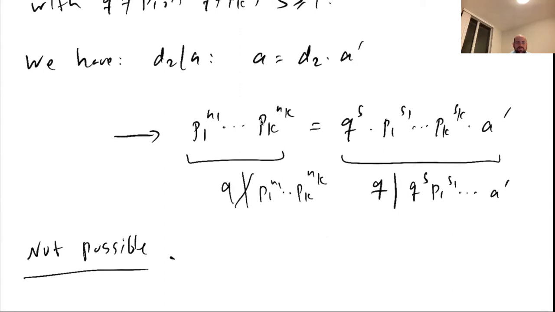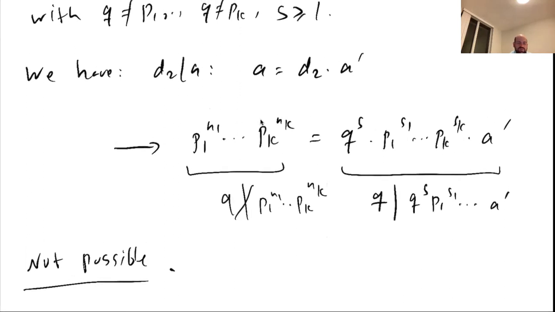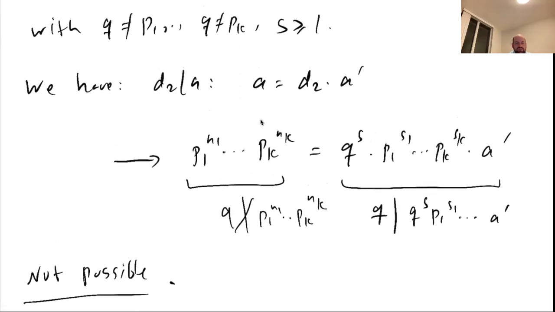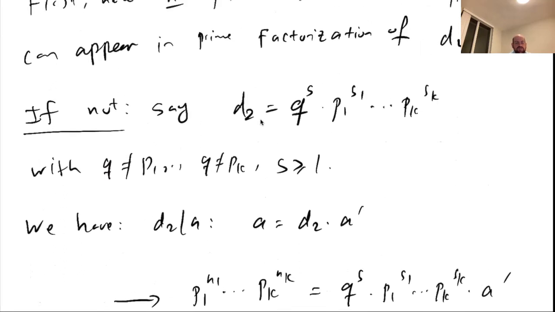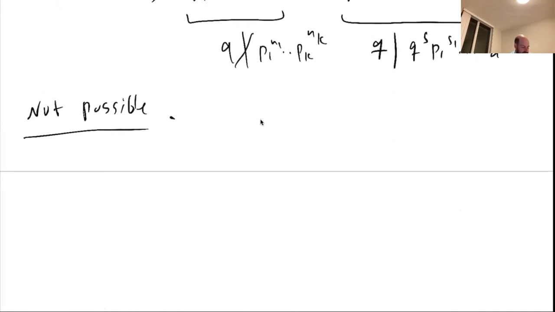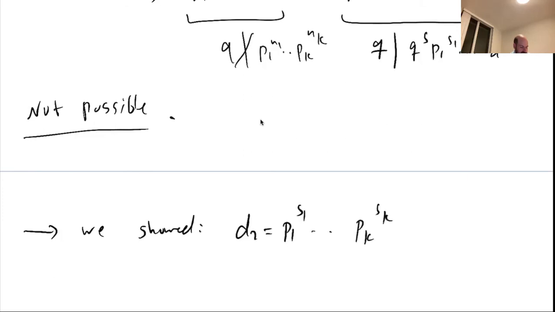The left-hand side is not divisible by prime number Q. Right-hand side is divisible by prime number Q. So these two cannot be equal, which means that in the prime factorization of D2, I cannot have any number other than P1 to Pk appear. So that means in the prime factorization of D2, only P1 to Pk can appear, each one to some power, let's say S1 to Sk.